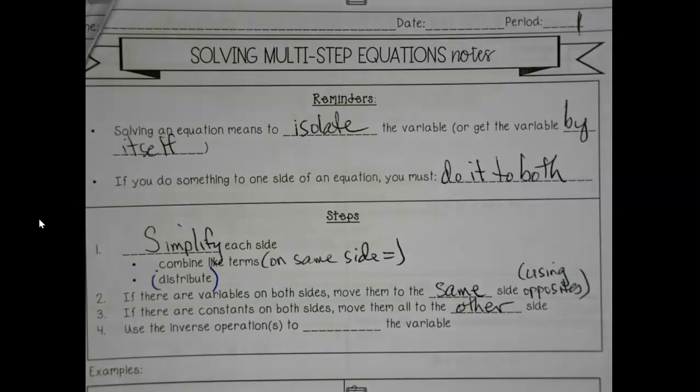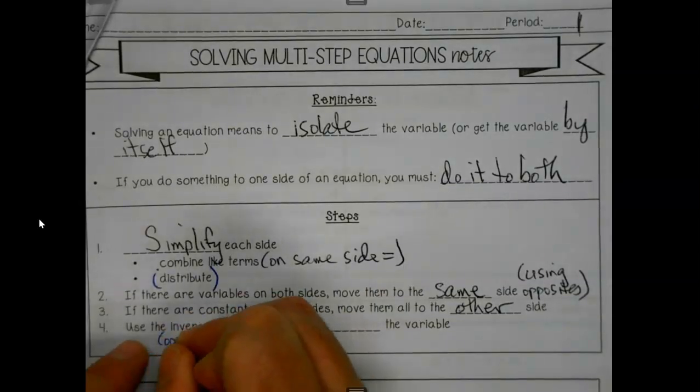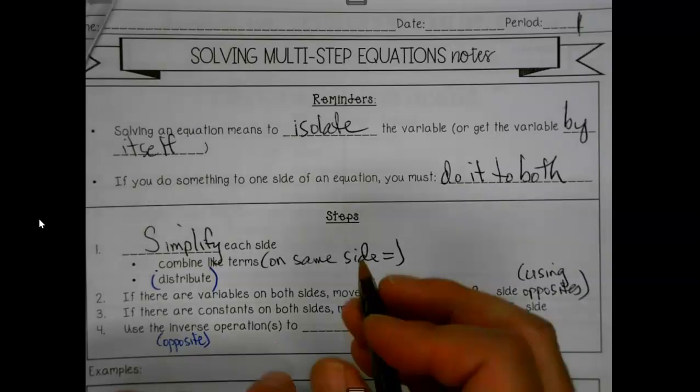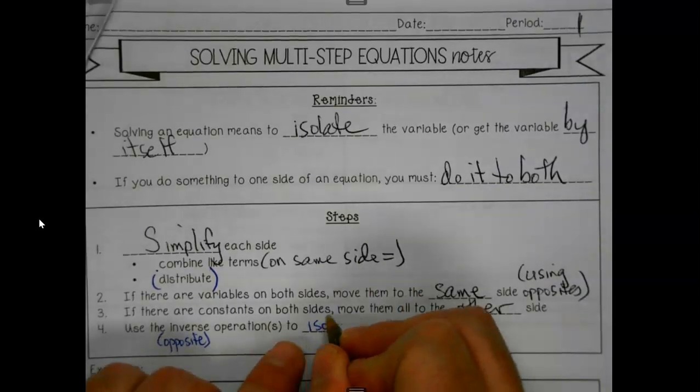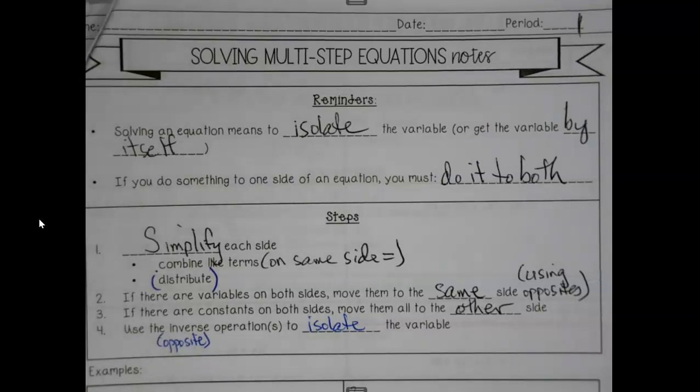And then we're going to use an inverse or opposite operation to isolate the variable. Now normally that's going to be multiply or divide. But I'm not going to write that there because I don't want us thinking that's the only option that we had. These are very much an it depends thing.